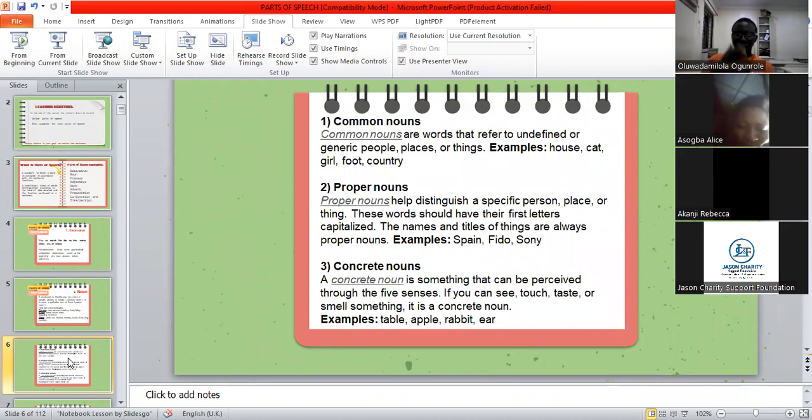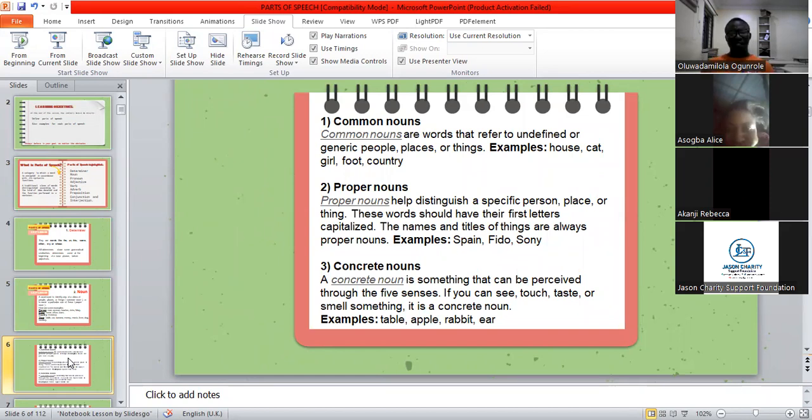Now, the beautiful thing about proper nouns is that there is one special thing about them. Their first letters are always capitalized, unlike in common nouns, where you can start with any letter. If you're starting a common noun at the beginning of your sentence, you start with a capital letter. But if you're writing a common noun in between words in a sentence, you use a small letter.